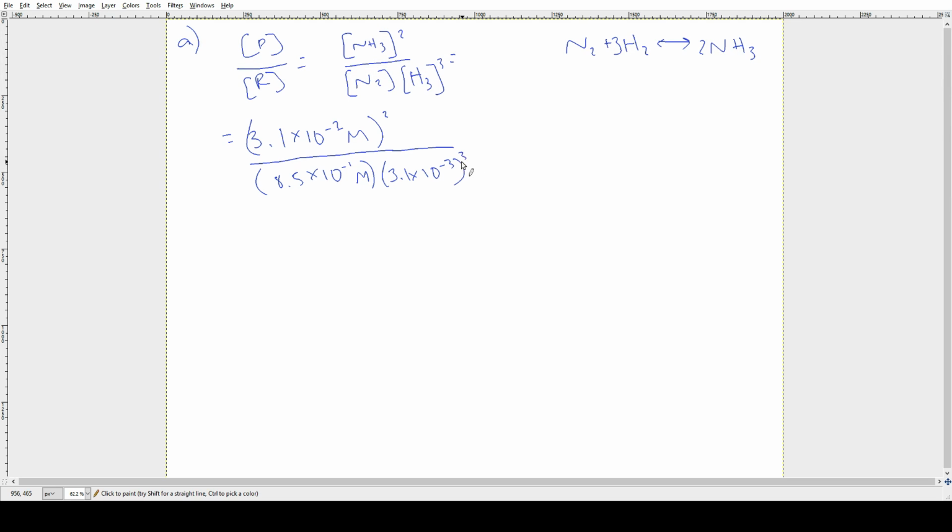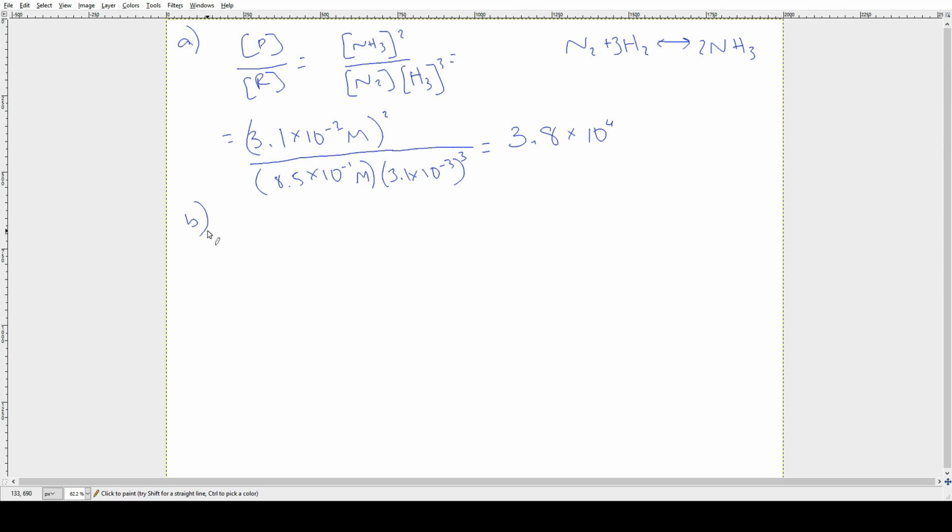And that should be cubed. Cubed. Don't forget about that. Very common mistake. Plug this in your calculator. You should get 3.8 times 10 to the fourth. If you hadn't noticed already, you're going to be dealing with a whole lot of times 10 to those. So if you don't know the shortcut using the E key on your calculator, you should learn it. Ask me.